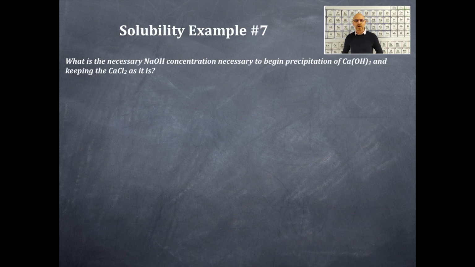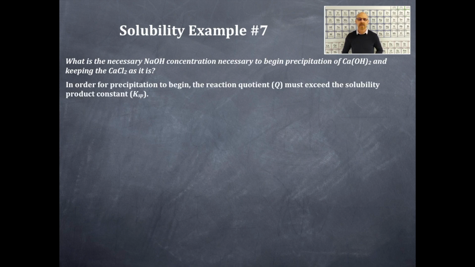Bam! So now we're going to answer this question. What is the necessary sodium hydroxide concentration to begin precipitation of calcium hydroxide, yet keeping the calcium chloride concentration as it was before in the previous problem? So in order for precipitation to begin, the reaction quotient, that is the Q, must exceed the solubility product constant, that's the KSP.